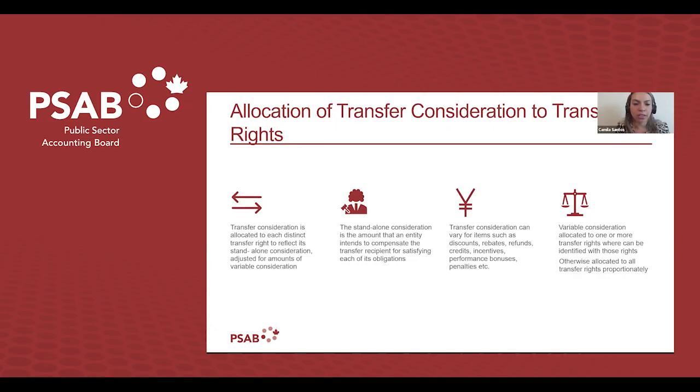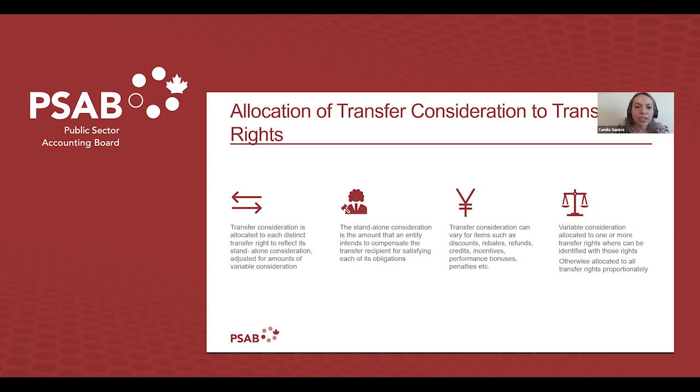each of its obligations. The transfer consideration allocated to each distinct transfer right is also adjusted for amounts of variable consideration, that is, incentives, performance bonuses, penalties, and similar items. Variable consideration may be attributable to the entire binding arrangement or to specific transfer rights.